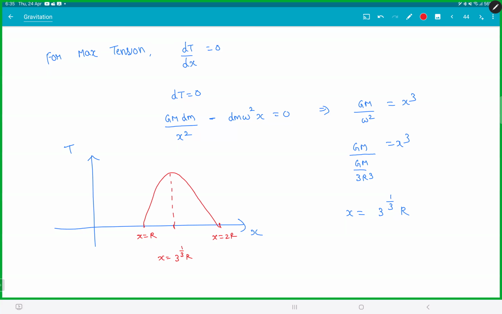This is how the tension will vary with x. Clear?